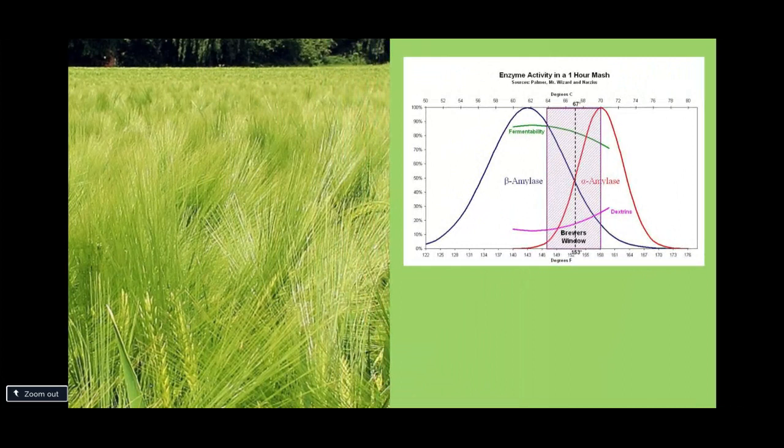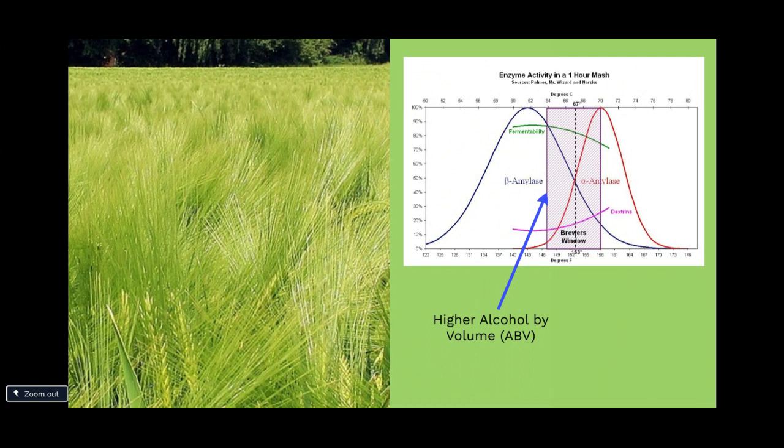This is the temperature of the mash. Within the graph are two really important lines. The blue line is the activity of beta amylase, and the red line is the activity of alpha amylase.